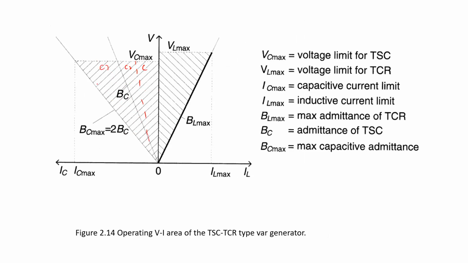So this is in the switching manner, whereas this part, the thyristor controlled reactor, is in the smooth manner, as is the thyristor switched capacitor 1, thyristor switched capacitor 2 and so on. So in this way, it is possible to control the compensation either by the thyristor switched capacitor and thyristor controlled reactor.